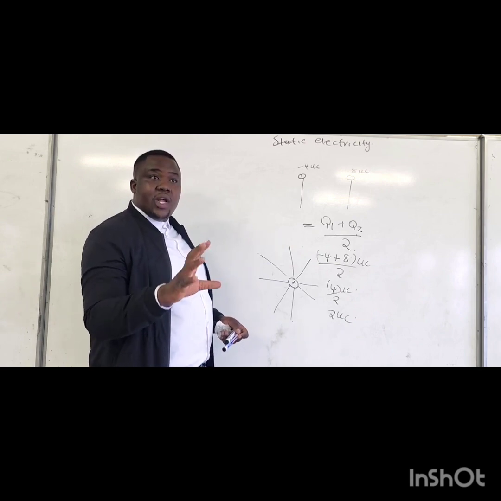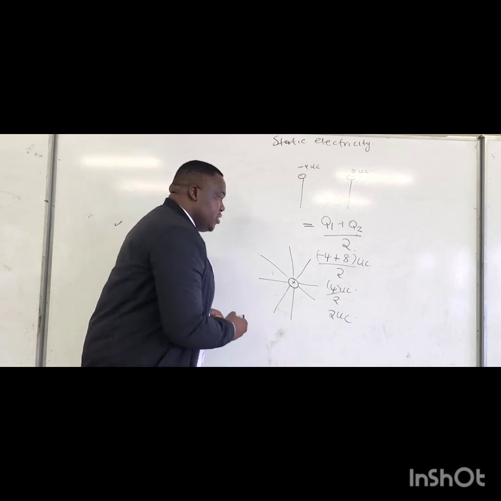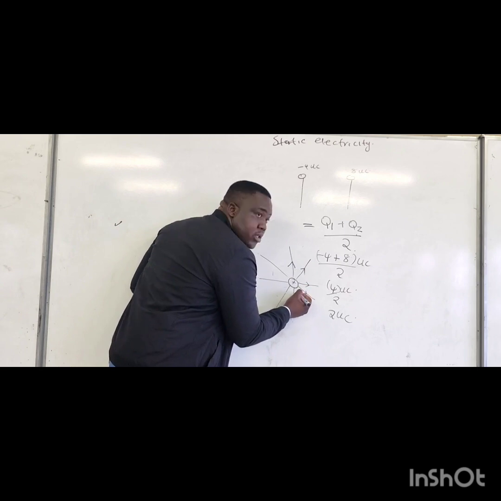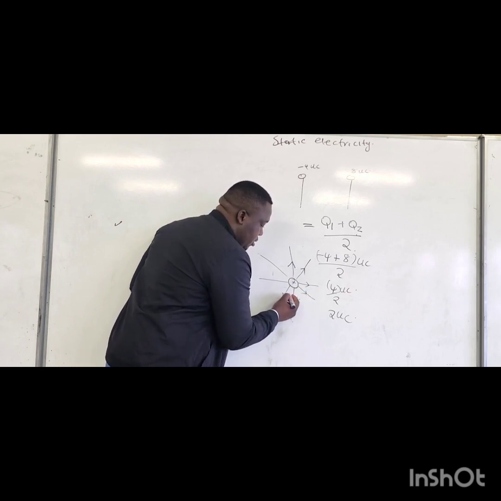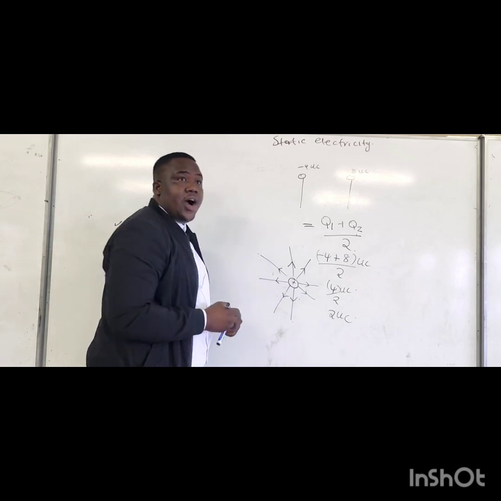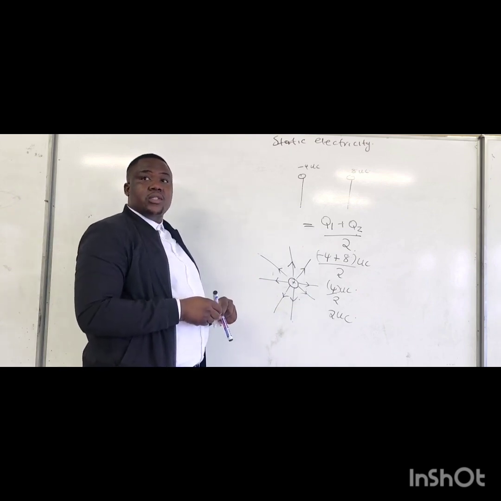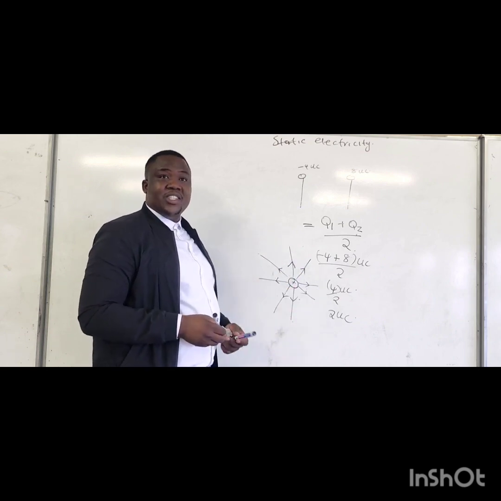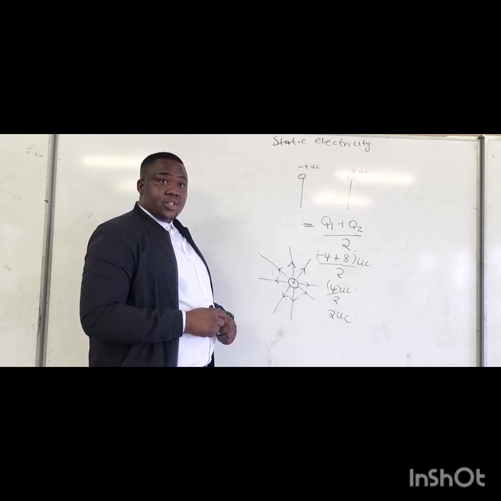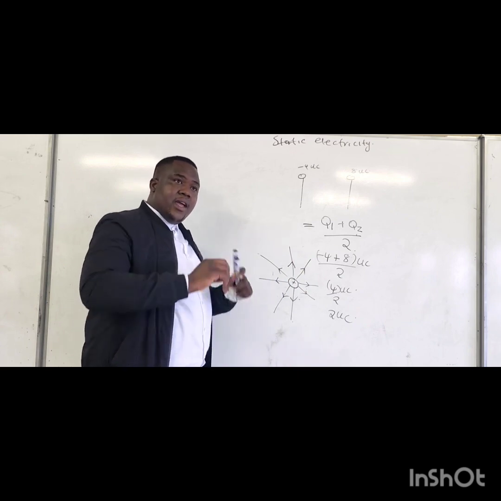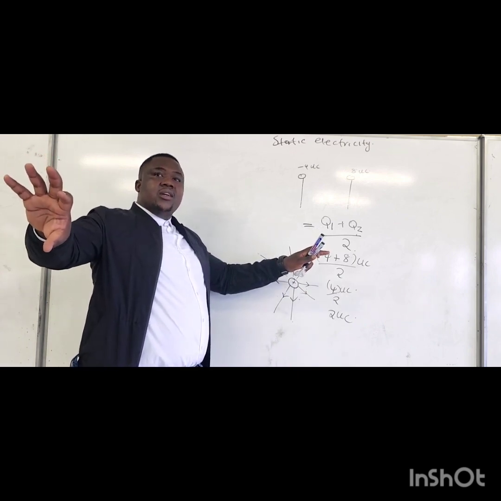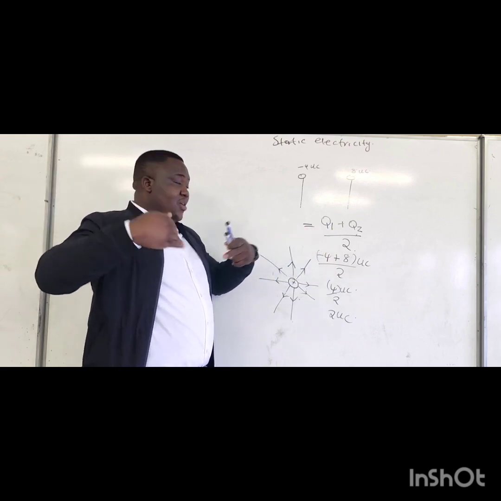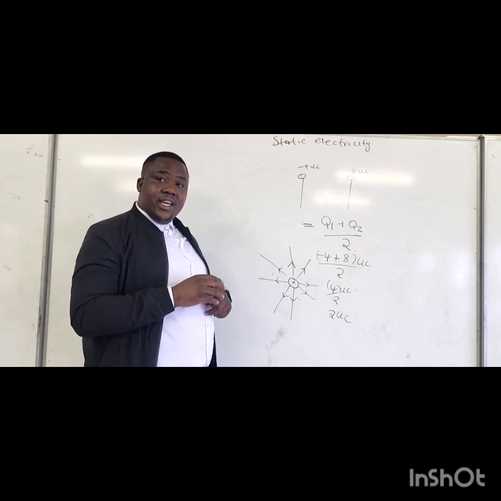It means we need to show the arrows coming out, going out, right? You understand that? Yes. So positive, they go out. Negative, they get in. You understand? Yeah. Negative, they get in.